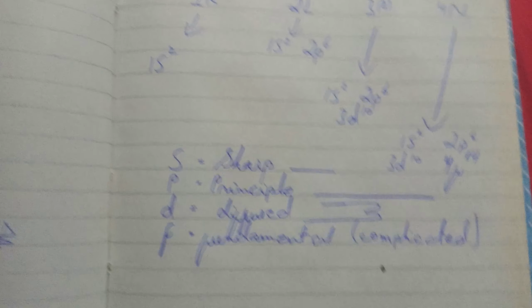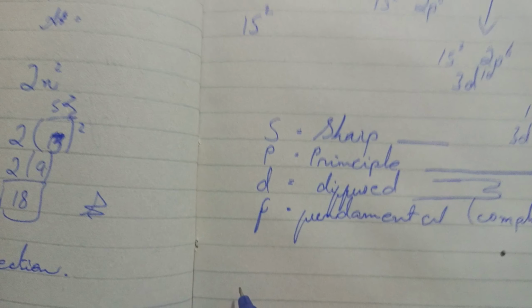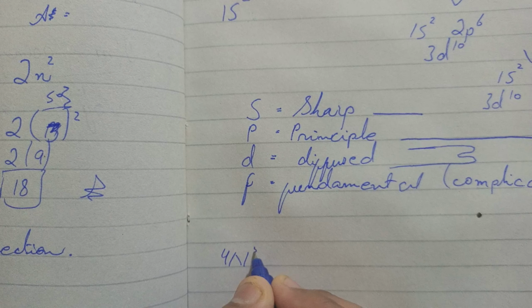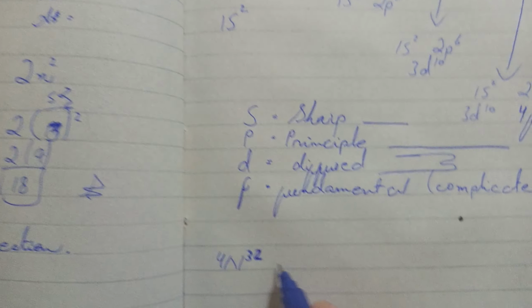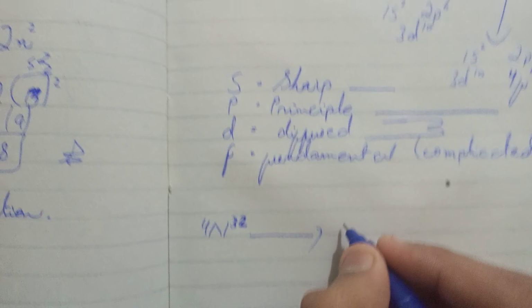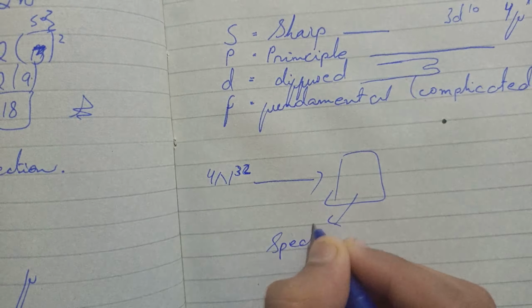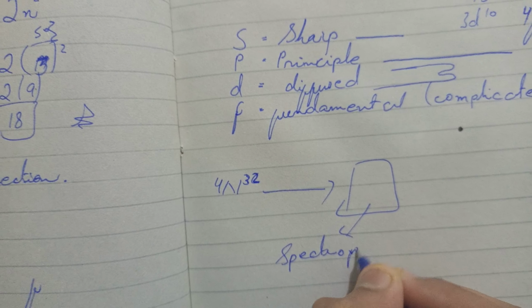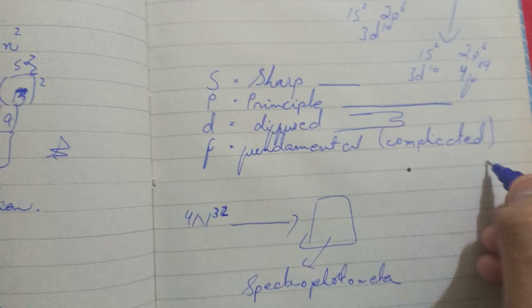Scientists took, for example, 4N, which contains 32 electrons, and passed it through an instrument called a spectrophotometer, and here we have a screen.